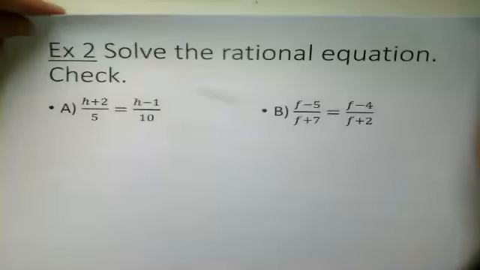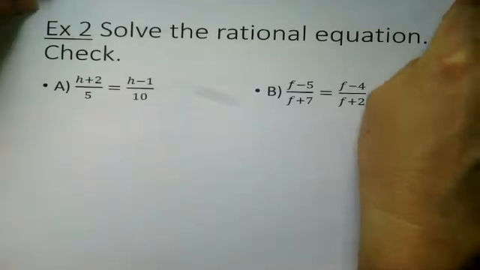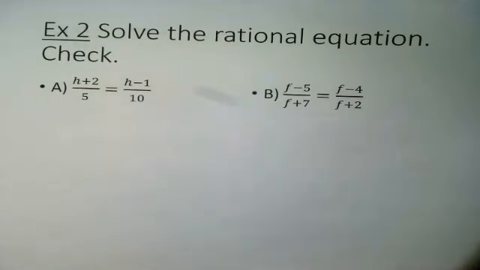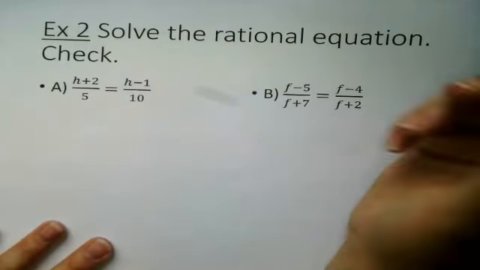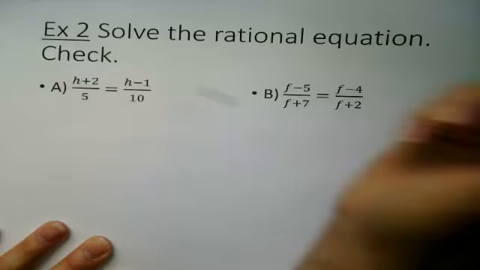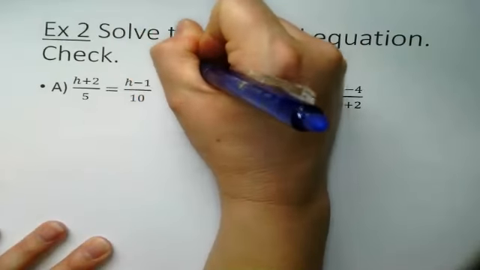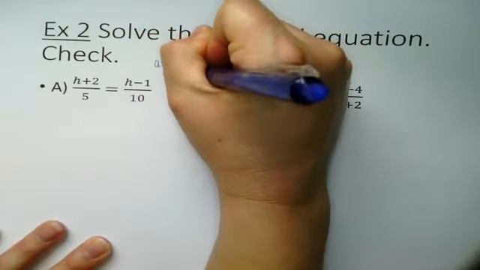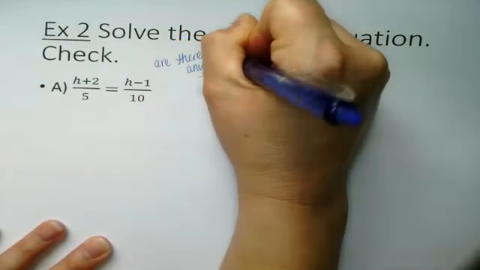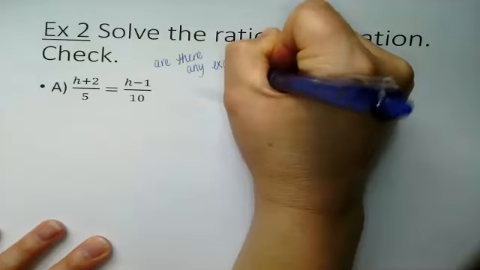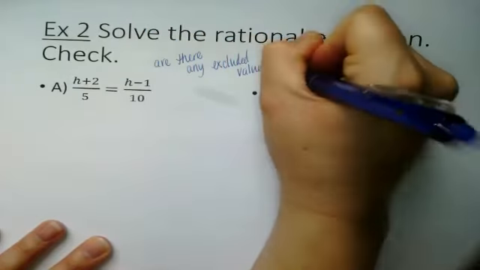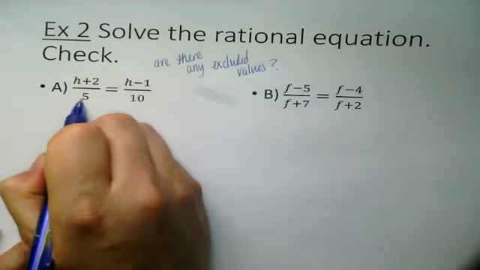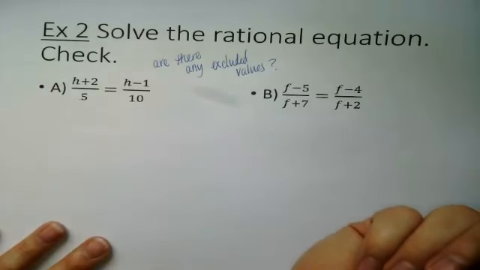Now, to solve the rational equation, we do want to check our answers. And really, it's a good idea just to look and see beforehand, are there any excluded values? So if we've got a variable in the denominator, then those would give us excluded values.